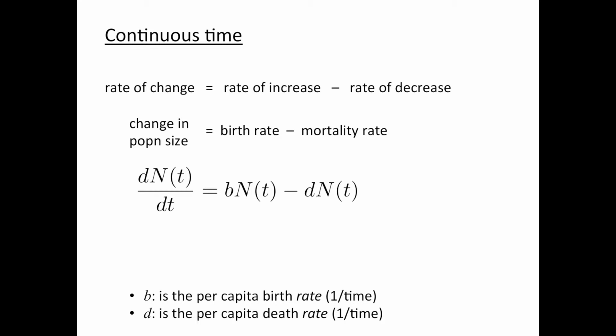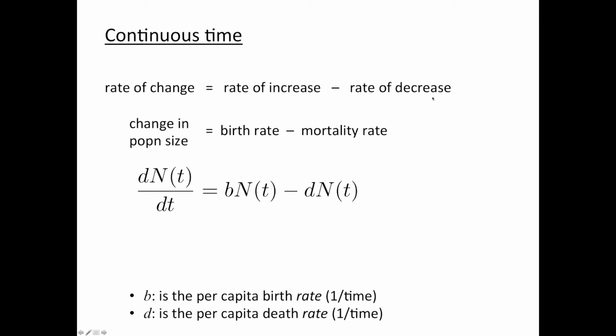So the general equation for continuous time formulation is that the rate of change is equal to things that are making an increase minus things that are making a decrease. So the rate of increase minus the rate of decrease.